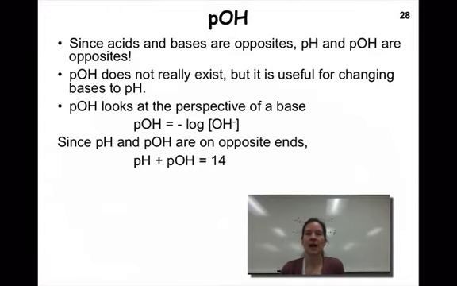And because of how the 10 to the negative 14 for your Kw will exist in equilibrium between H+ and OH-, pH plus pOH has to always equal 14. Okay, that 10 to the negative 14 for Kw is driving our relationship between pH and pOH. So if you know pOH, you know pH simply by subtracting. And from that, you can get information about both your base and your acid in any solution.